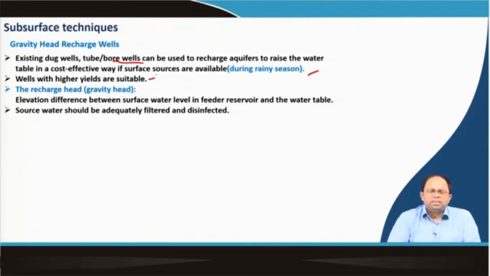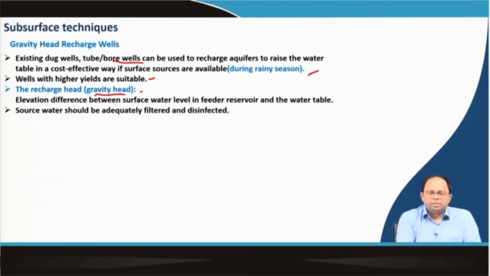So usually wells of higher yields are suitable, because if we can extract more water, similarly we can put in more water. And the recharge head or gravity head could be achieved because it is a gravity well. That means we may not use a pump, but we can raise our reservoir and use that raised reservoir to put water into this particular well, and that creates the gravity head.